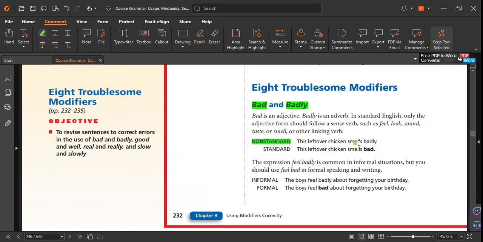You want to check: is "smells" a linking verb? Check: "This leftover chicken is badly" does not make sense, so it is wrong. But I can say "This leftover chicken is bad," the same meaning as "smells bad." So it is right. Anything informal is a wrong answer.